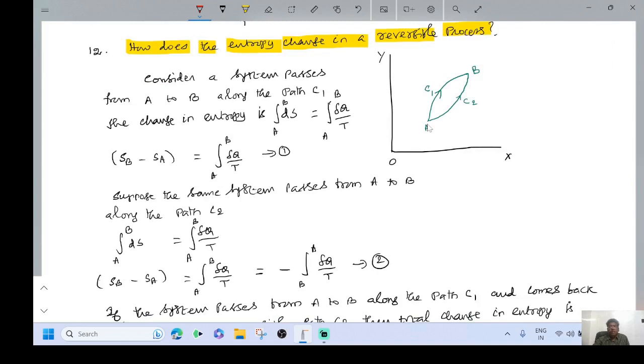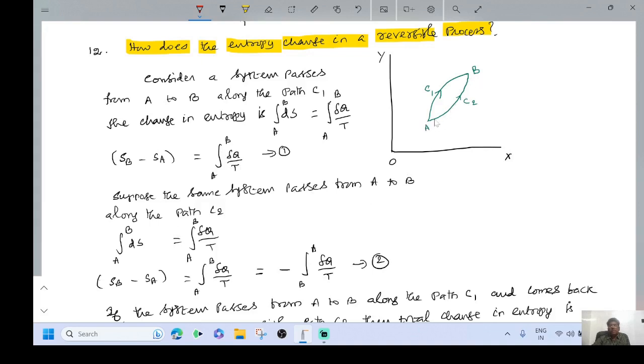Suppose a system passes from A to B along the path C1, the change in entropy dS, integral limit varying from A to B, equal to del Q by T, integral A to B. If you integrate this dS, we can get S, and if you apply the upper limit, that is SB, lower limit is A. SB minus SA equal to integral limit varying from A to B del Q by T. Suppose the system passes from A to B along the path C2.